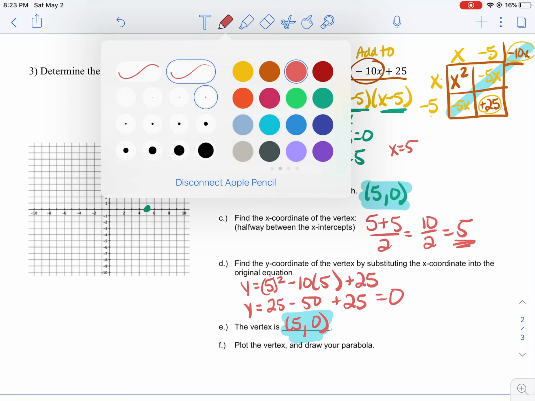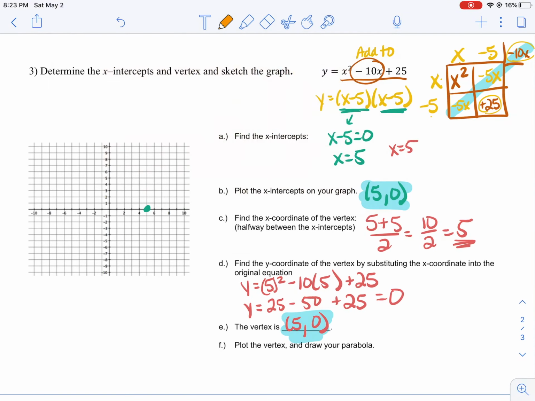If you're not sure, what you need to do is look at the sign in front of your x squared. This is positive, a positive 1. If it's positive, that means your graph opens up. So opens up, there you go, opens up with one x-intercept.